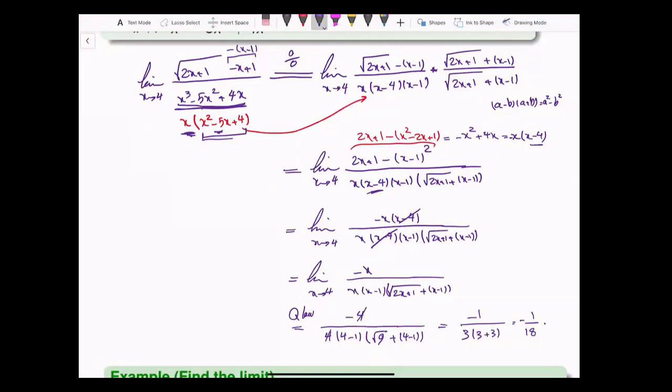Like shouldn't it be root 2x plus 1 plus x minus 1 over root 2x plus 1 minus bracket x minus 1? I'm not 100% sure, but I thought with conjugates, one is positive and one is negative. Okay?